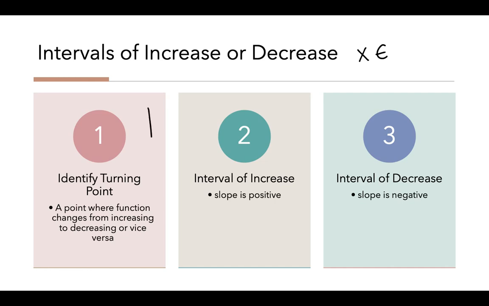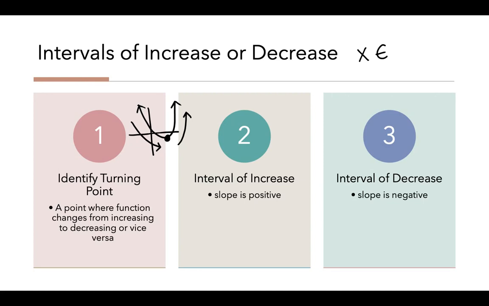So for example, we have a parabola. The turning point is over here, the vertex.